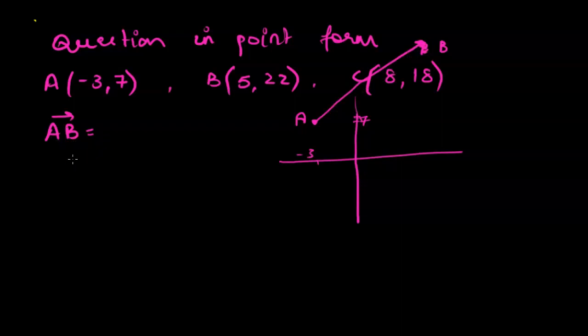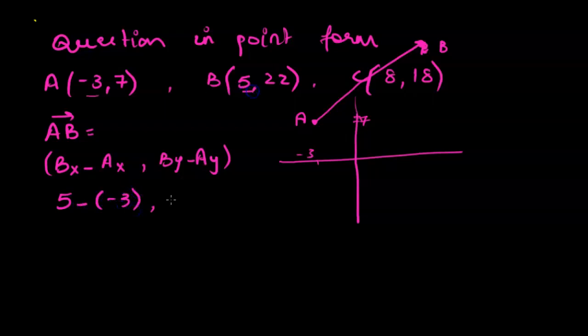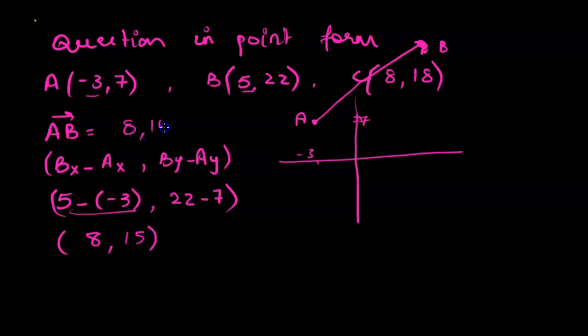So we do bx minus ax and by minus ay. That is 5 minus negative 3 and 22 minus 7. We get 5 plus 3 is 8, and 22 minus 7 is 15. So vector AB is (8, 15), and these are the components.